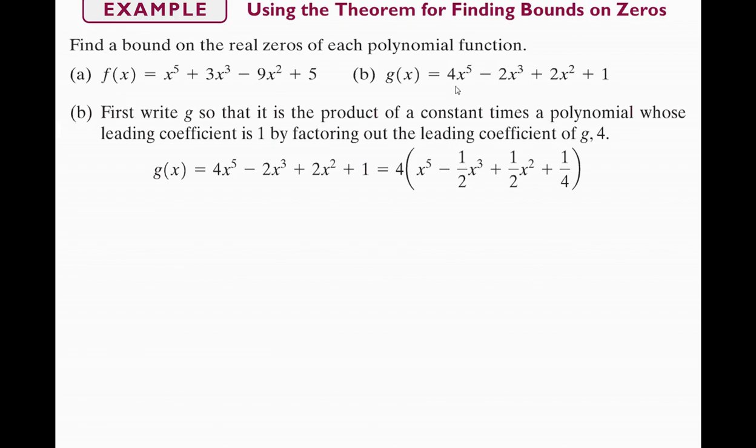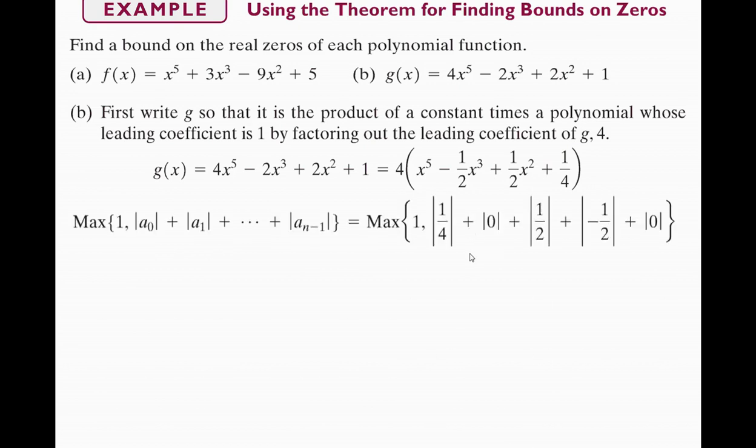So for b, my leading coefficient is not 1, so I have to factor out the 4 so I can get a leading coefficient of 1. So all I did is I divided each of my terms by 4 to get x to the 5th, negative 1/2 x cubed plus 1/2 x squared plus 1/4. All right, so I want to find the maximum number.